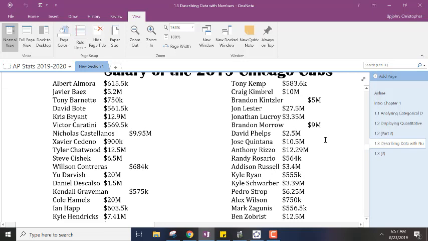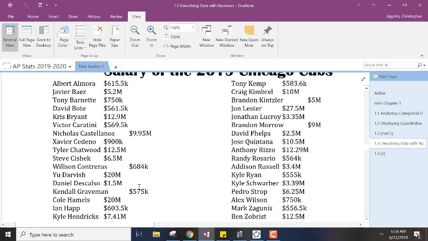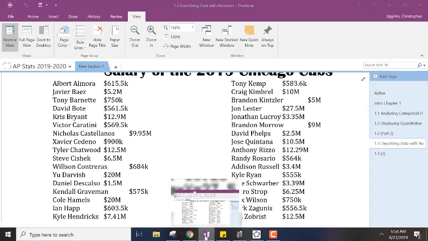All right. So we have 27.5. We have 20 million for Yu Darvish, 20 million for Cole Hamels, 20 million for Hayward. So 20 million, maybe an outlier. 27.5 million, maybe an outlier as well.